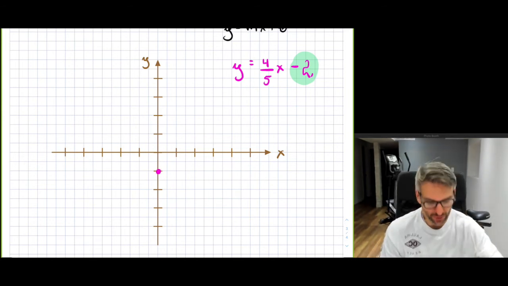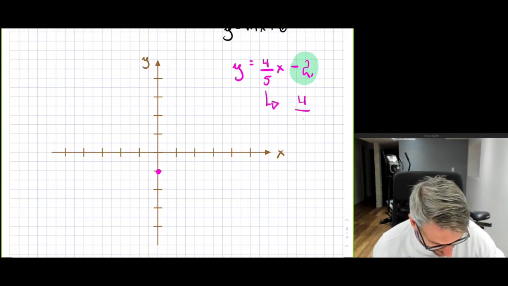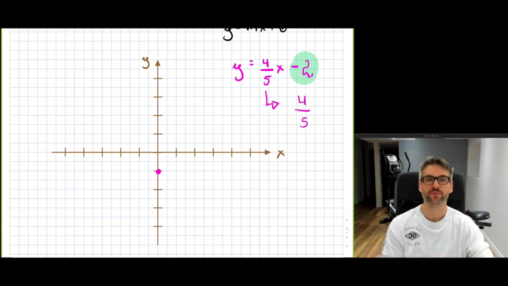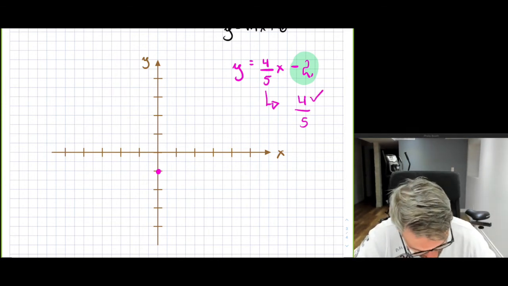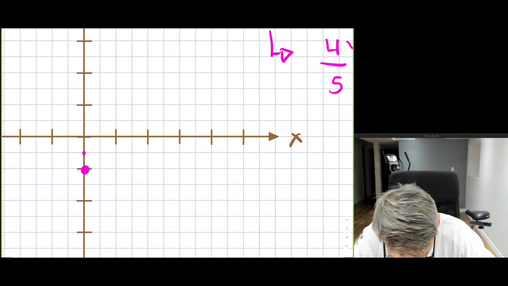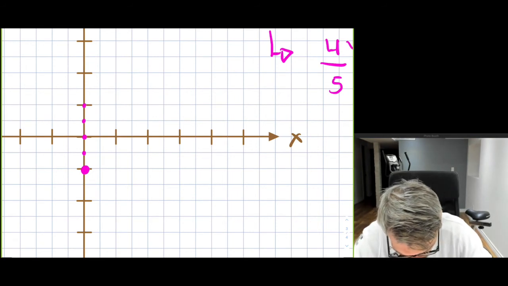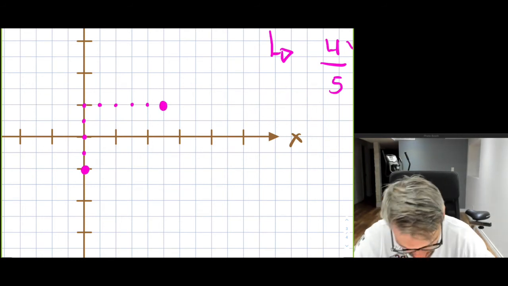Now we will use our slope. We have a rise and a run, and they're both positive. So you rise 4, 1, 2, 3, 4, and then run 5, 1, 2, 3, 4, 5. Your next point is right here.